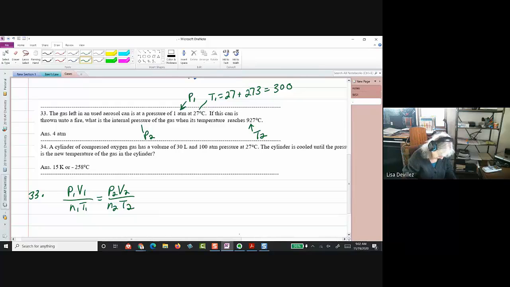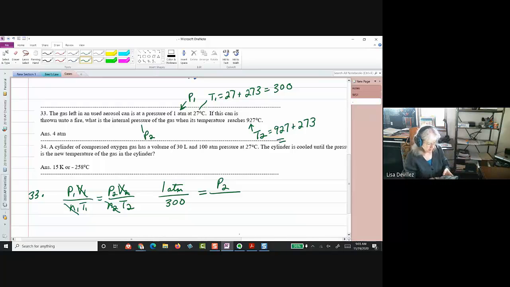All right, so moles are staying the same. It's a cylinder, so the volume is not changing either. Or it's a can rather, not a cylinder. All right, so I have 1 atm over 300 is equal to my second pressure over 927 plus 273.